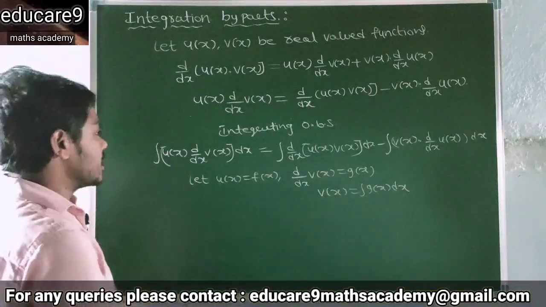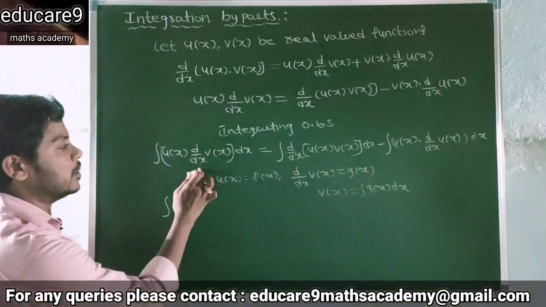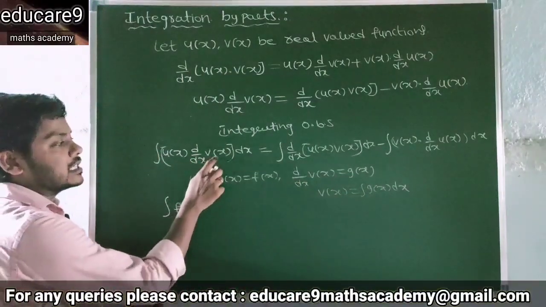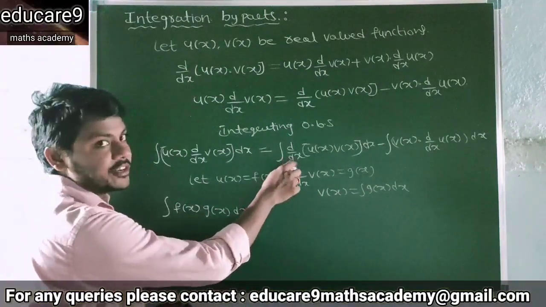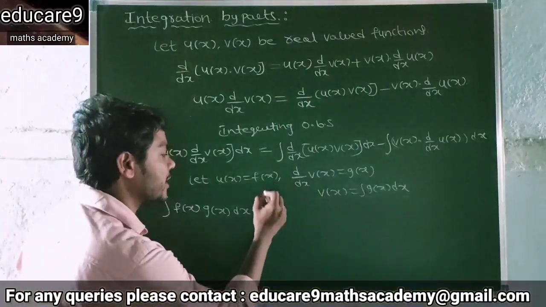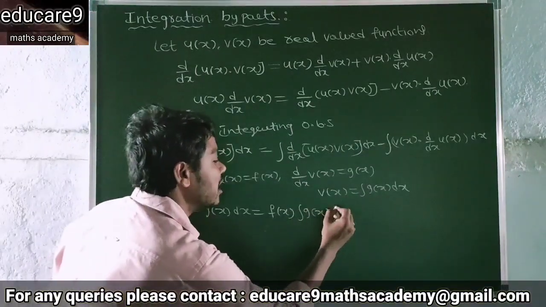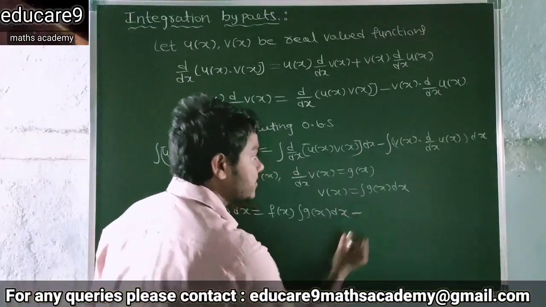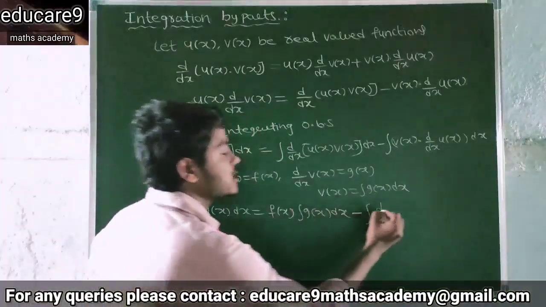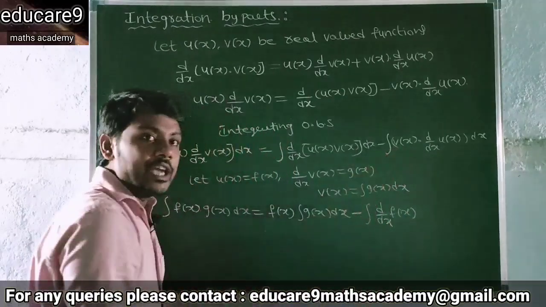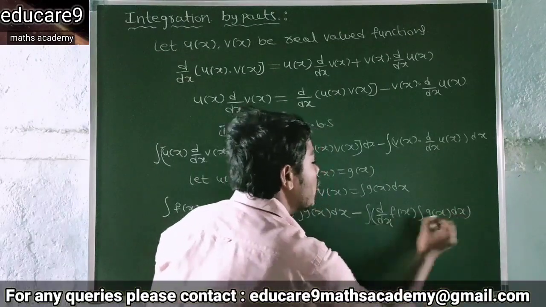Now substitute here: integration of f of x g of x dx is equal to, since integration and differentiation cancel, u of x, that is f of x, into v of x, that is integration of g of x dx, minus integration of d by dx of f of x into integration of g of x dx, whole dx.